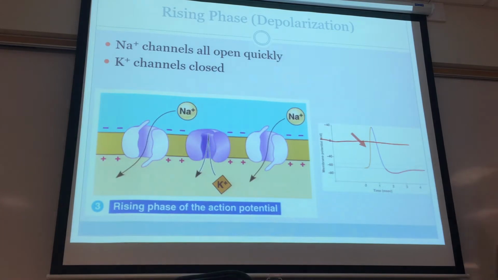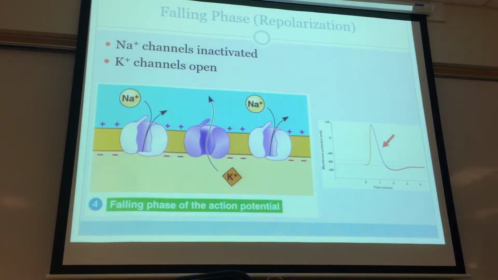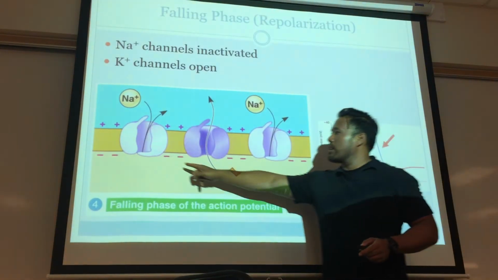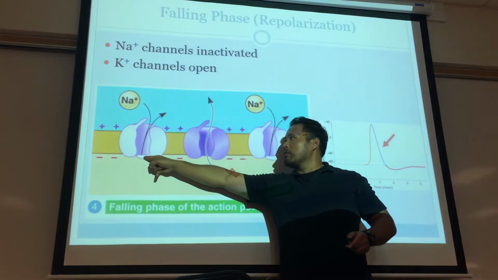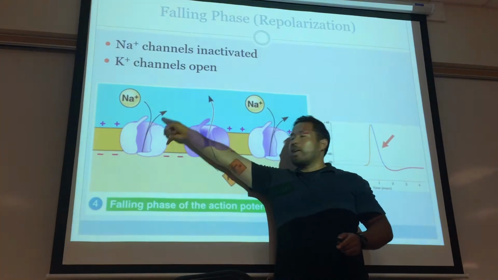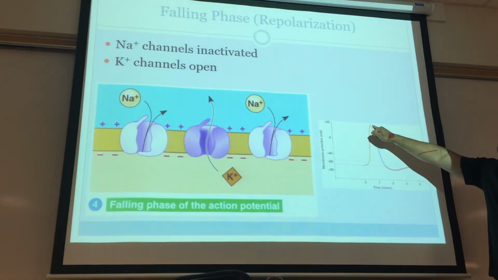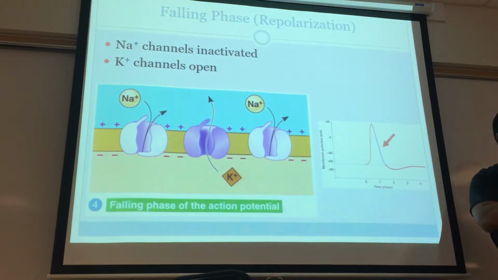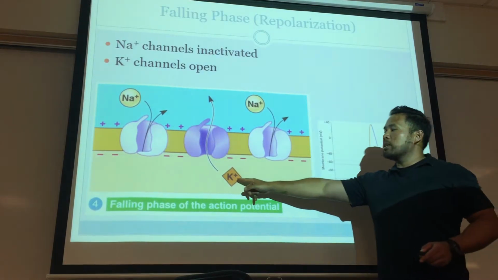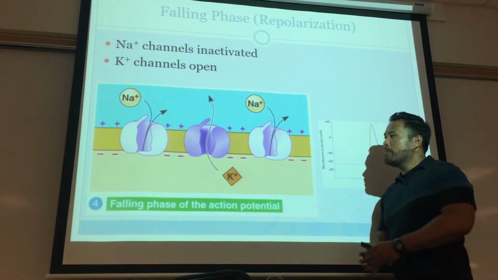Once we get to about positive 30, that's going to inactivate our voltage-gated sodium channel. That gate closes, and now sodium can't go in. So the movement of sodium stops once we reach the very top. But what does open is our voltage-gated potassium channel, and remember, it opens up kind of slowly.